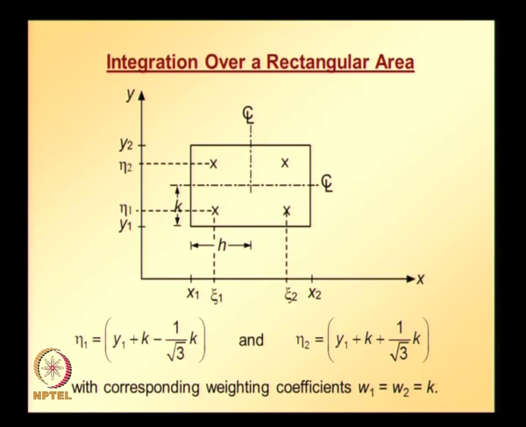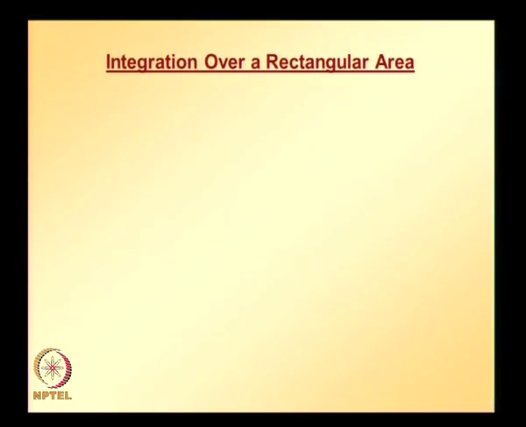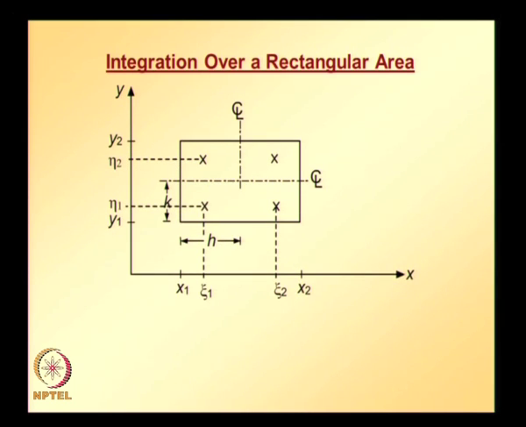Once we have these locations and the weights, we need to take the Cartesian product of these and multiply with the corresponding weights and sum them up, and then we get the approximate value of the integral.